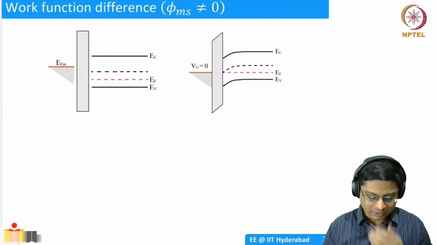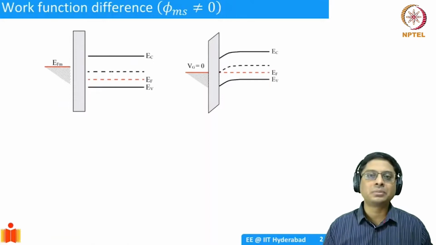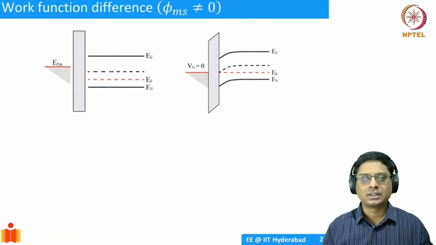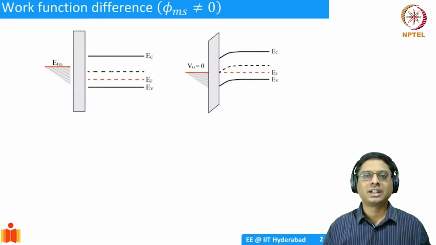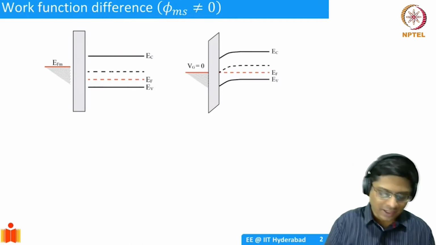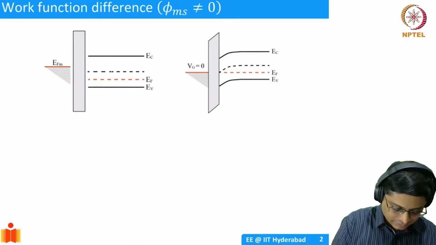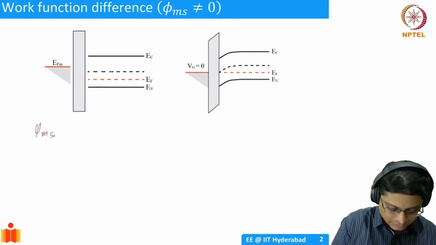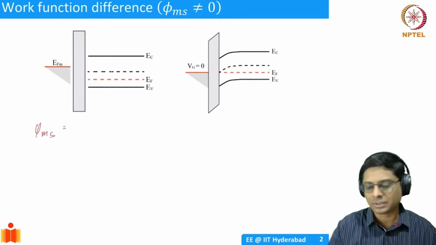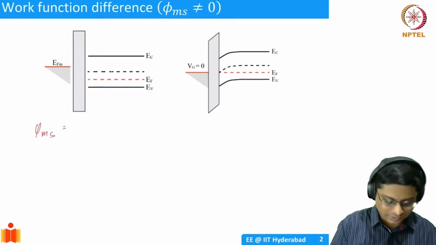To start with, if you remember, we have assumed that the metal and semiconductor Fermi levels are at the same point. That means the work functions are the same. In other words, we define phi ms as a quantity, which is the difference of work function in the metal and the semiconductor.